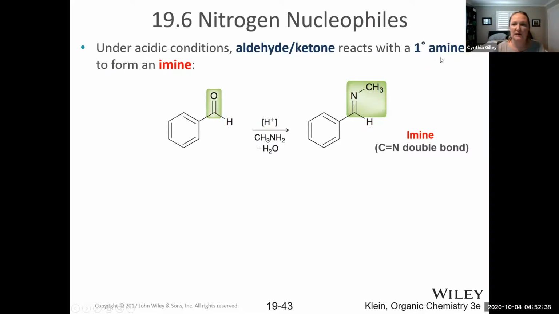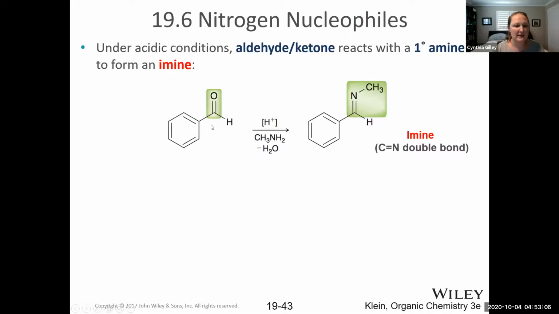And when we're using a primary amine nucleophile with an aldehyde or ketone, typically acid catalyzed conditions are employed that will enhance the rate of the reaction, and we'll talk about that. This reaction produces water as a product, and it's also reversible. So again, we can use Le Chatelier's principle to manipulate the equilibrium.